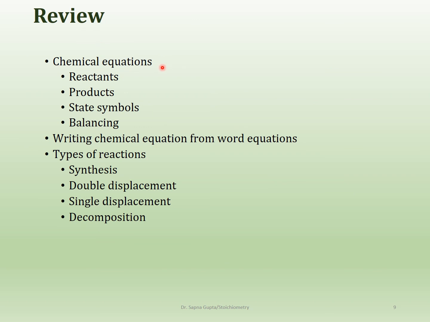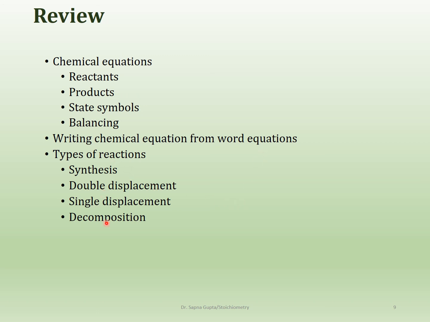To review, you need to know all the chemical equations, which means you need to know what reactants and products are, and the state symbols, which are solid, gas, liquid. Of course, you need to know how to balance the equation. That is going to keep coming up again and again, so better learn it. You have to be able to write a chemical equation from a word equation. That's something I've covered in this slide, and there are practice sheets also available to you.